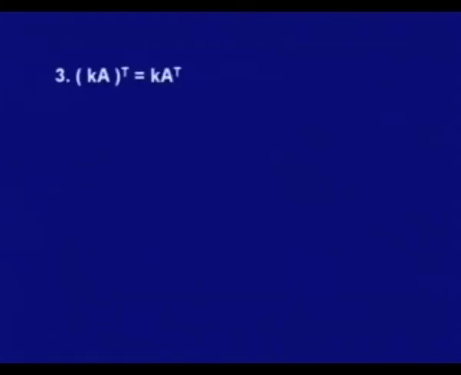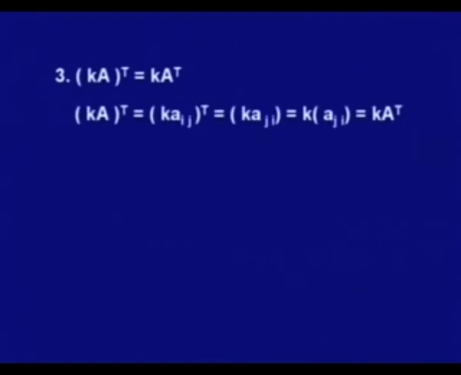The next property is that scalar multiplication by K and then the matrix A, its transpose is K times A transpose. To prove this, I write down KA as having a typical element K Aij, because every element of A is to be multiplied by K by definition of this multiplication.